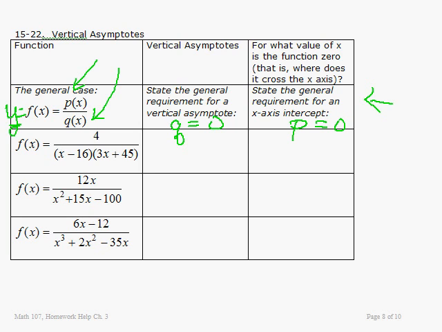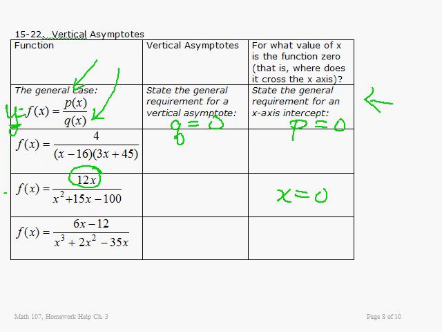Now you go down and look at these and try to figure out what values of x would cause this. Let's look at this case right here. What would cause the numerator, p of x, to be 0? Well, if x is 0, that'll do it. So where x is 0, the value of the function would be 0.